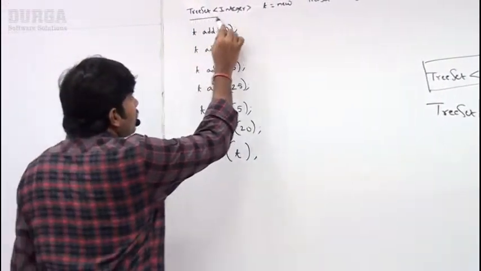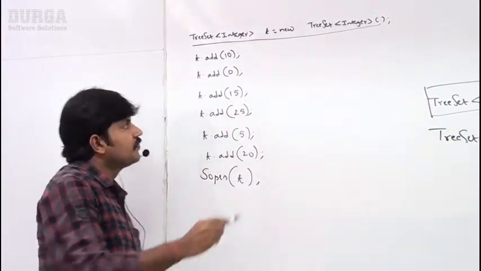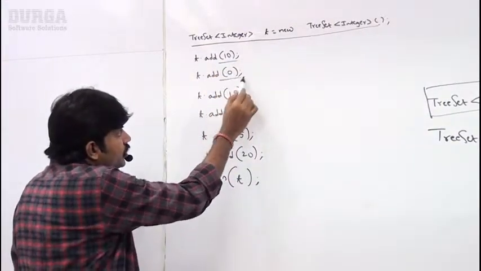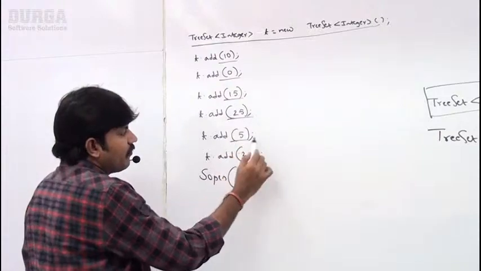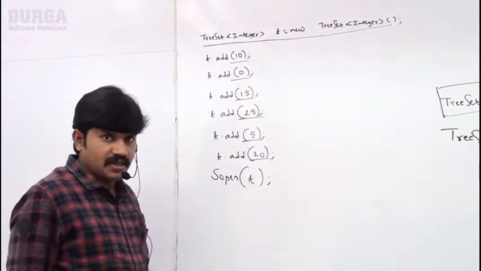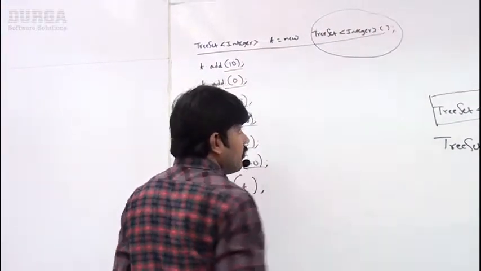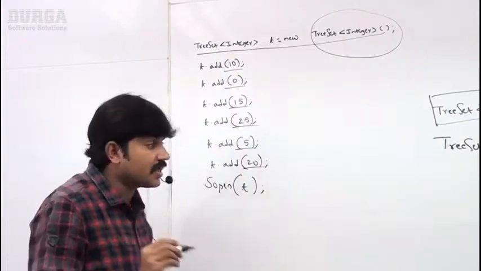Have a look once. I am taking TreeSet of Integer t is equal to new TreeSet of Integer. Okay, sir, 10, 0, 15, 25, 5, 20. I am adding these integer objects and trying to print t. The default natural sorting order for numbers is ascending order, right?